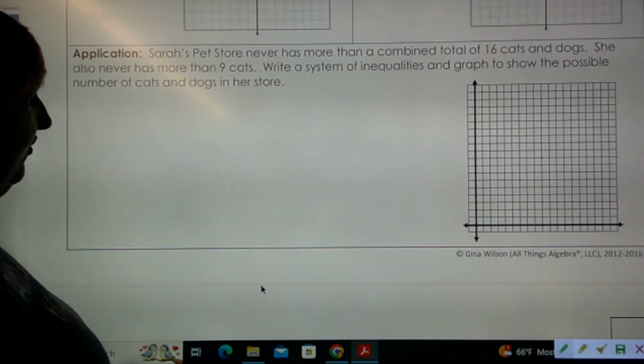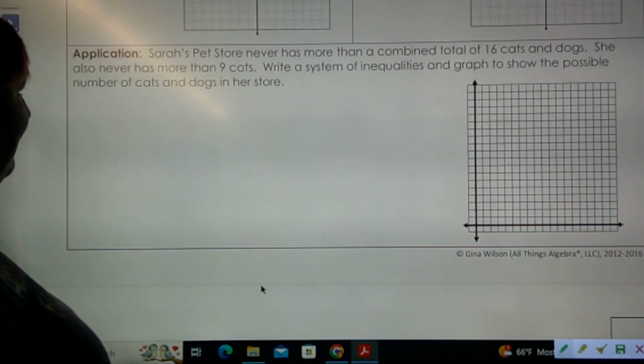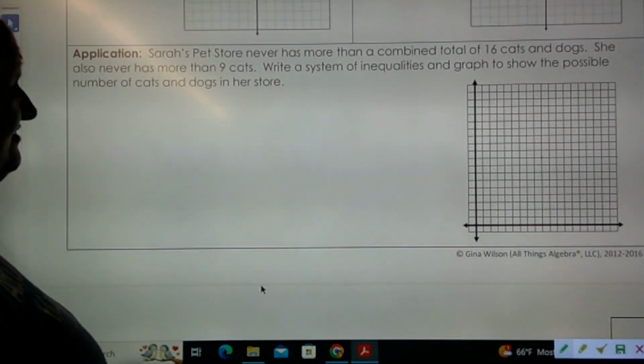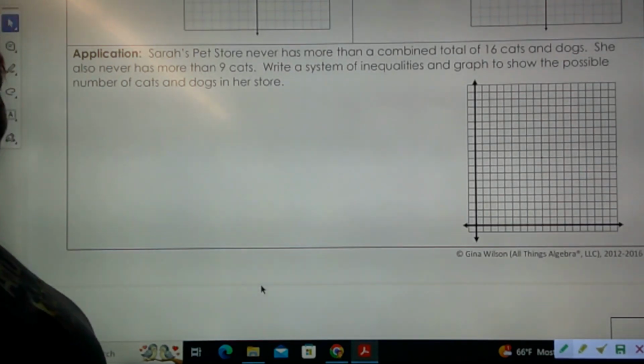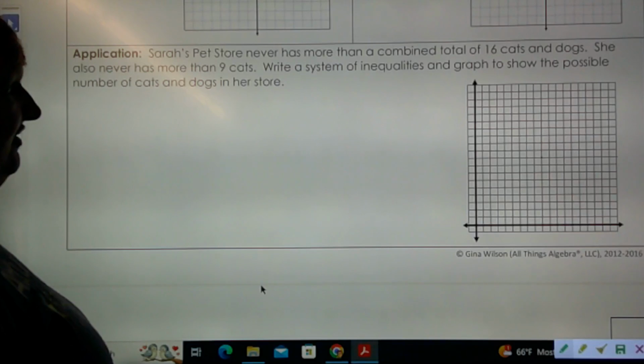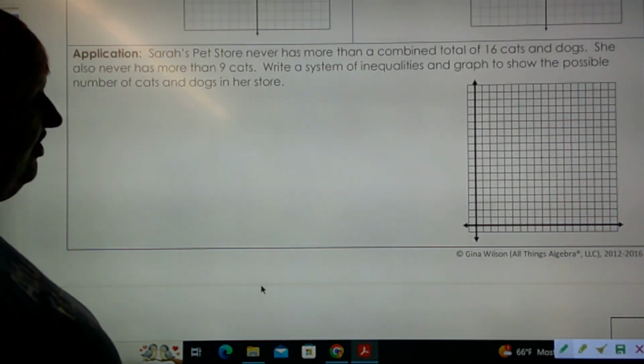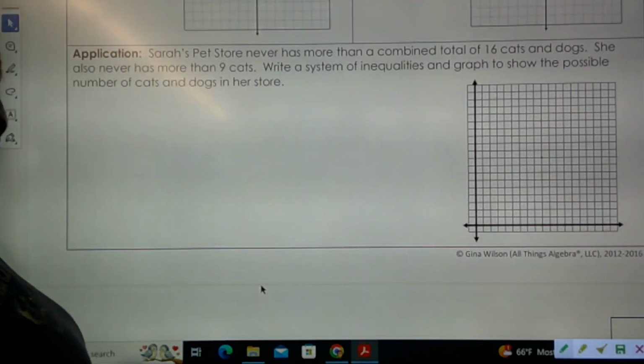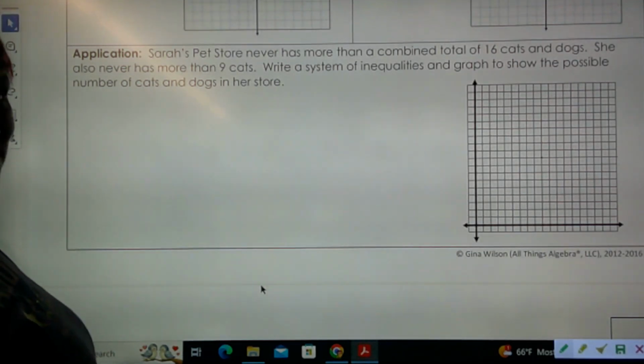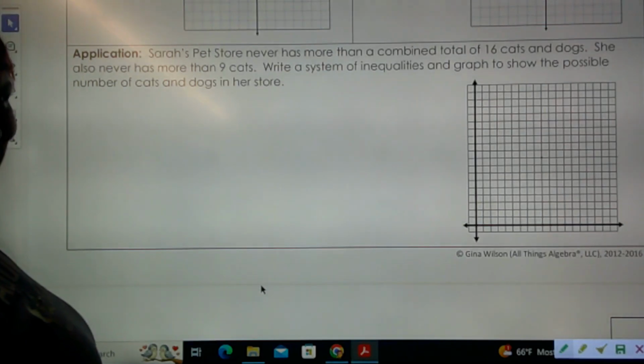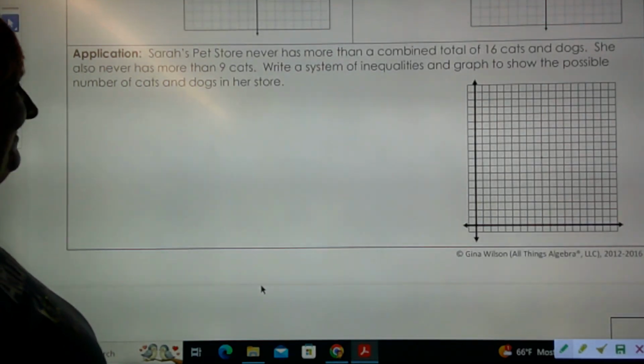Write a system of inequalities and graph to show the possible number of dogs and cats in her store. So, let x equal cats, let y equal dogs, create your 2 inequalities, graph them, and see where they overlap. I dare you to do it. I dare you.